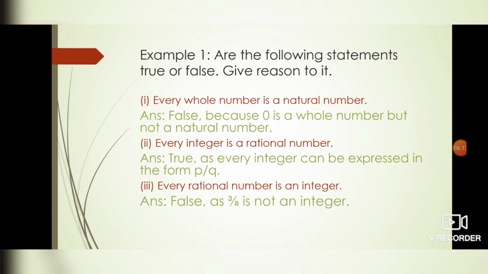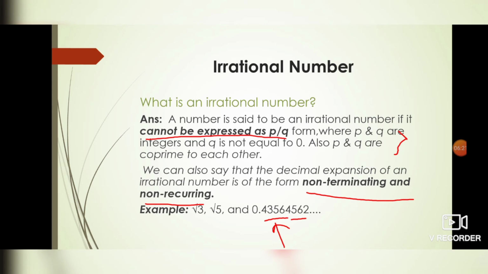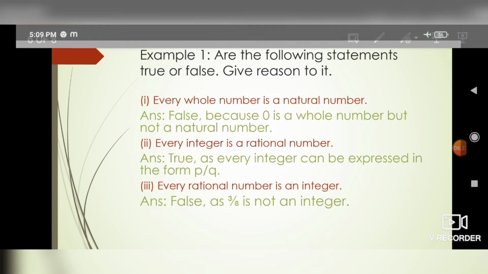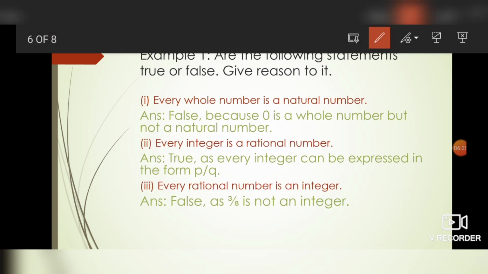The first question says a whole number is a natural number. So we have to see whether a whole number is a natural number or not. In the classification, we had negative number and whole number. And whole number is again classified as 0 and natural number.